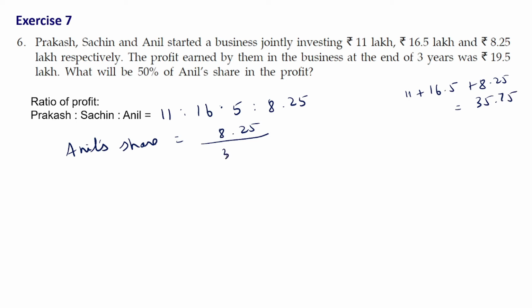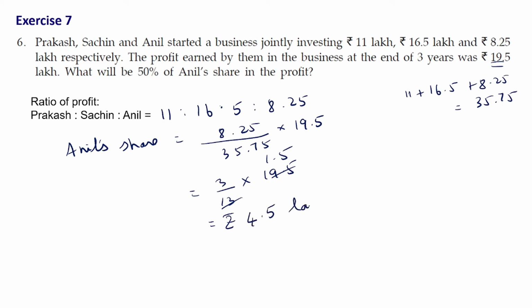So Anil's share will be 8.25 by 35.75 into the total profit, 19.5. So this is equal to 3 by 13 into 19.5. So this will go 1.5 times. So this is equal to rupees 4.5 lakhs.